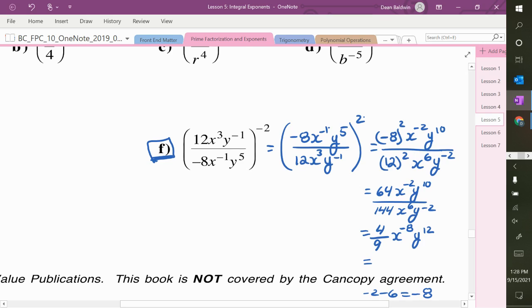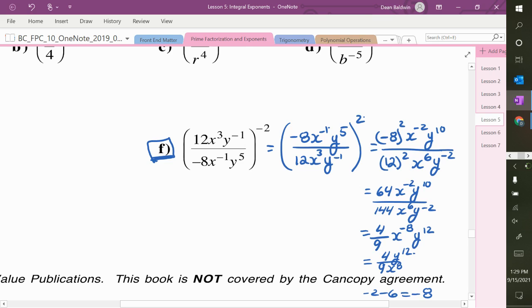What do you do with the term that has the negative exponent? How do you make that exponent positive? Put it on the bottom. It has a negative exponent here, so it goes to the denominator. So this becomes 4 over 9x to the 8. And if it's a positive exponent, it stays up top. So I'm just going to put it right beside the 4.